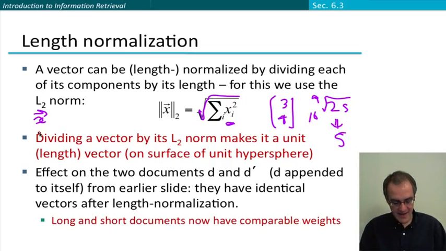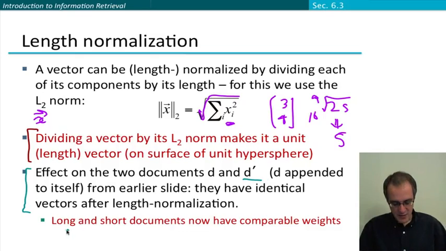If we take any vector and divide it by its length, we get a unit length vector, which you can think of as a vector that touches the surface of a unit hypersphere around the origin. Now, going back to the earlier example of two documents, D and D appended to itself to give D prime, you can see that if they're both length normalized, they go back to exactly the same position.